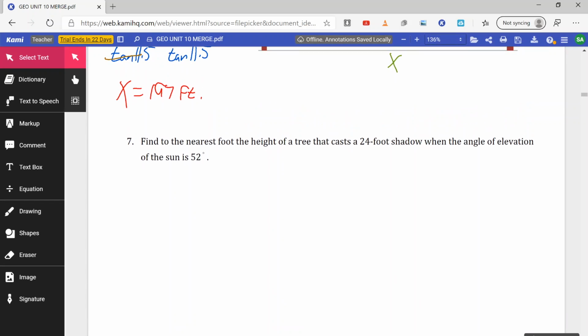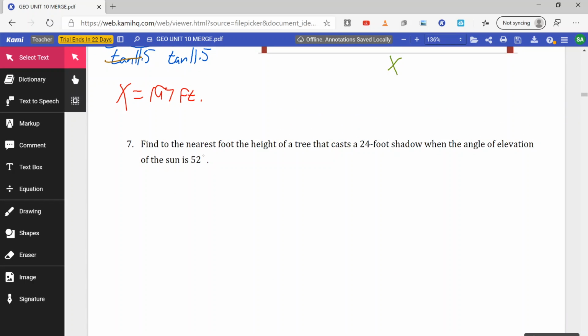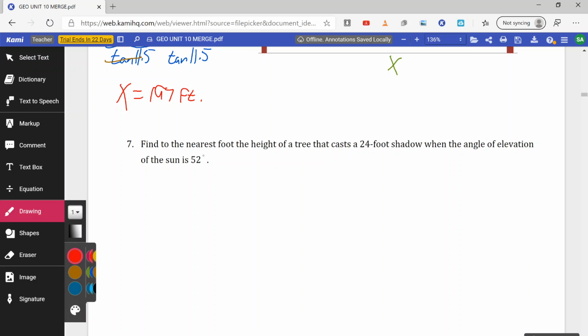And then this last problem here, number 7: find, to the nearest foot, the height of a tree casting a 24-foot shadow when the angle of elevation of the sun is 52 degrees. So again, just like problem number 3, we don't have a picture. We have to draw a picture ourselves so we kind of know what's going on.